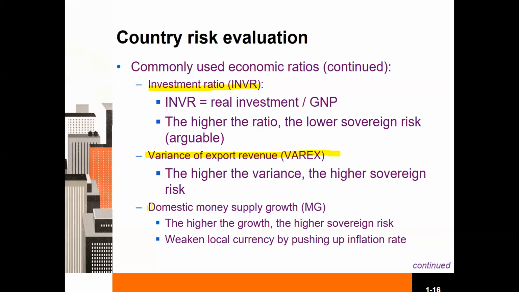The last variable that we discuss is domestic money supply growth. Domestic money supply growth is the change in the money supply. The faster the domestic growth rate of a country's money supply, the higher the domestic inflation rate, and the weaker the country's currency becomes in domestic and international markets.